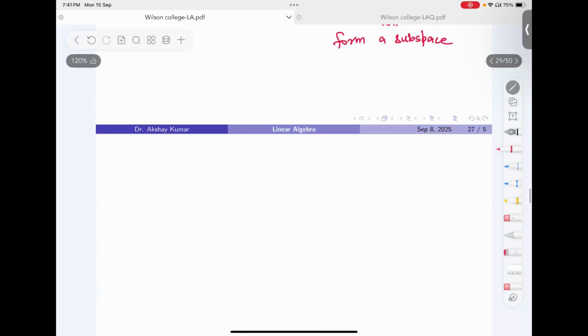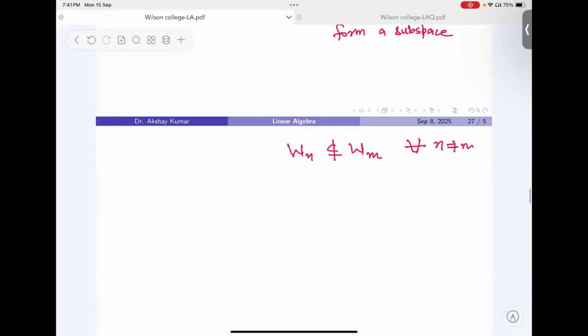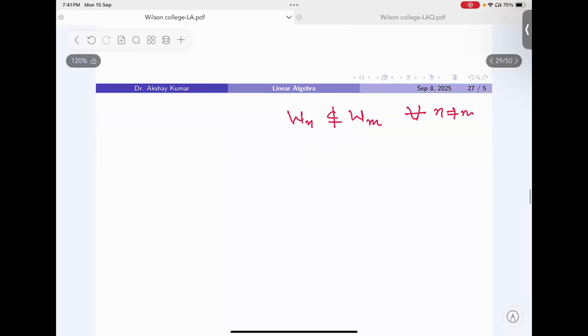What I'm saying is, it may happen that Wn is not a subset of Wm for any n not equal to m, and still this union may form a subspace.